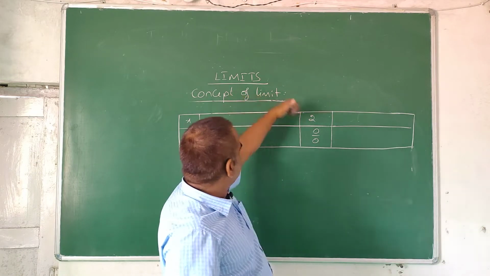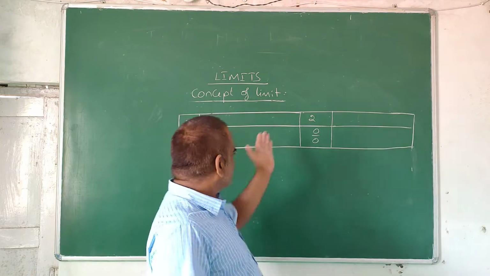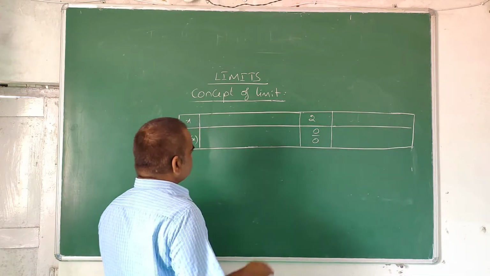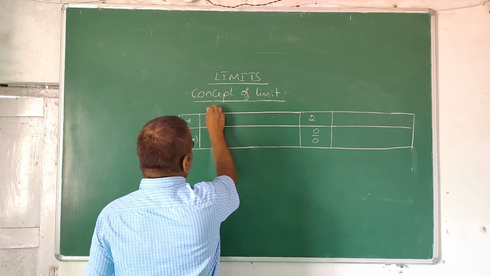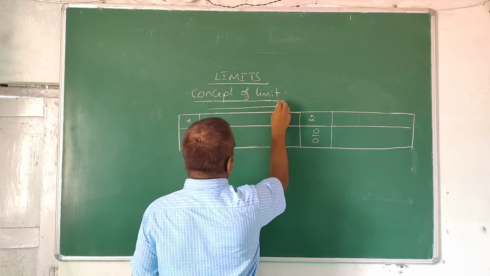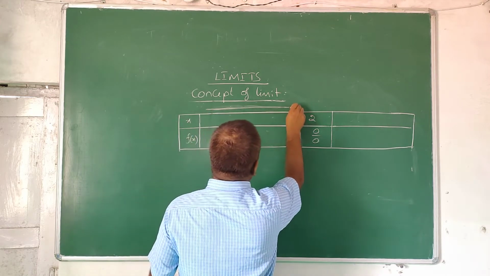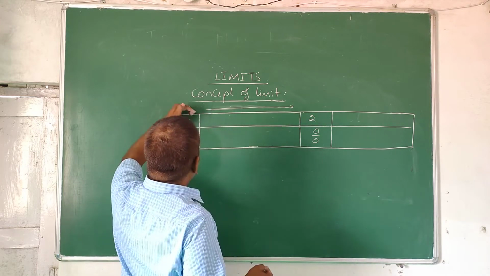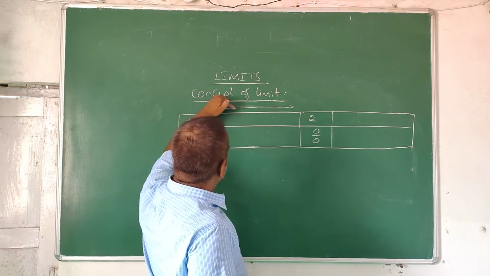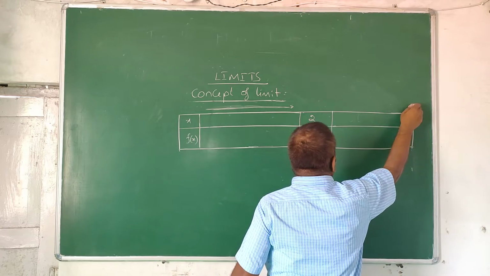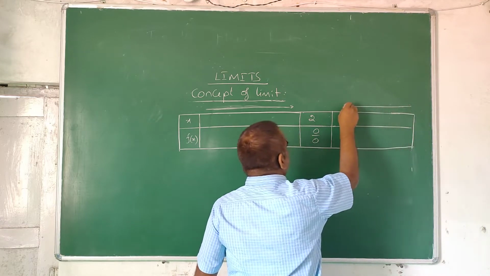Now what is most important for us is the left side of 2 and the right side of 2. What does it mean when x approaches 2 from its left side? Here x is approaching 2 from its left side, and here x is approaching 2 from the right side.